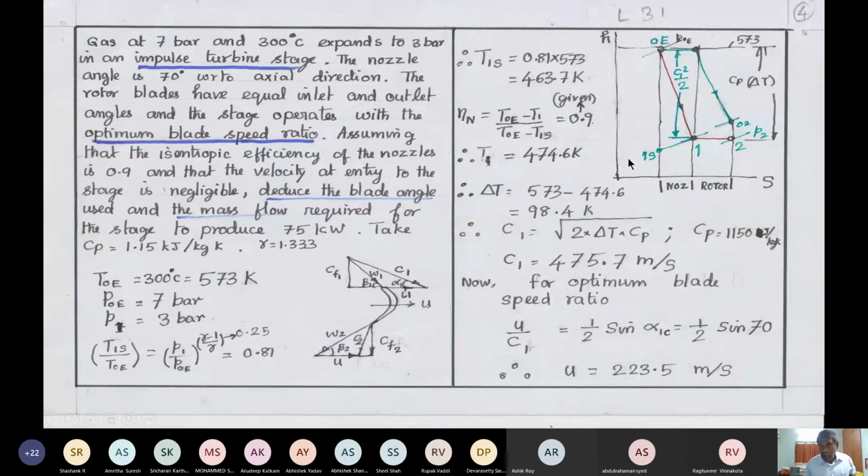Then the nozzle angle 70 degrees is given. The rotor blades have equal inlet and outlet angles. It's for an impulse turbine. Then the idea of optimum blade speed ratio, isentropic efficiency is given. You're asked to find out the blade angle used, then the mass flow rate required to produce 75 kilowatts.